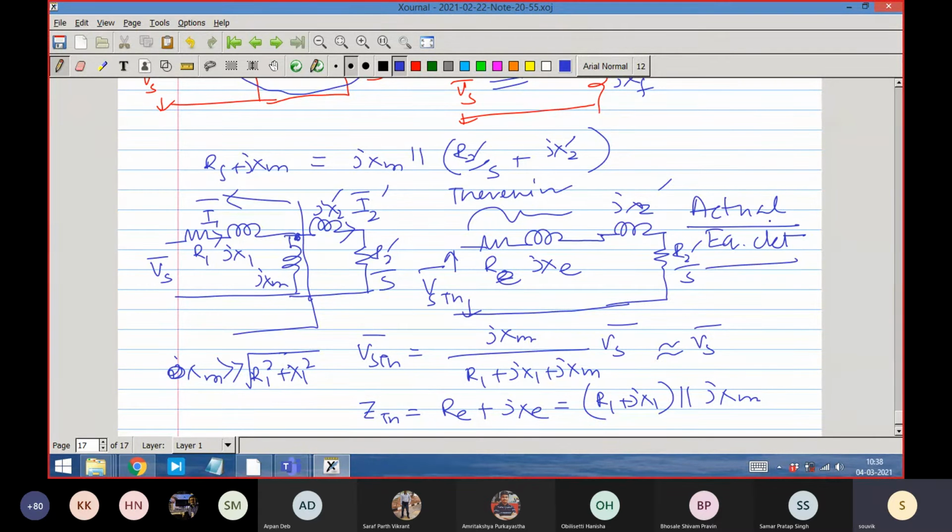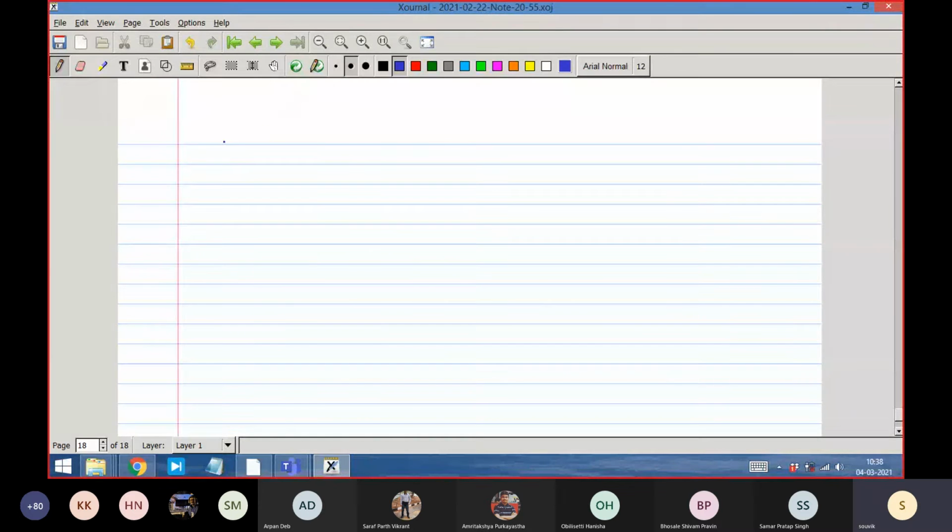However, people sometimes make some simplification. What simplification they do in these cases is that they ignore JXM, assuming that JXM is reasonably high compared to R1 and JX1. If that is assumed, then the equivalent circuit is simpler: R1, JX1, JX2 dash, and R2 dash.